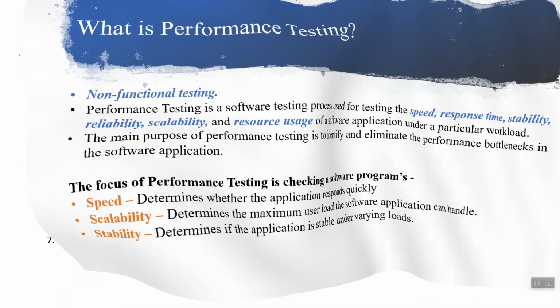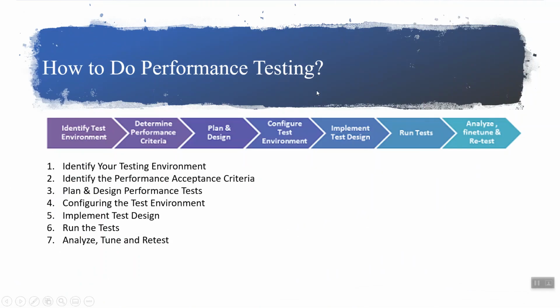The next is how to do performance testing. While doing the performance testing, a tester needs to go through these seven different steps one by one. So the first step should be done before starting the second step.